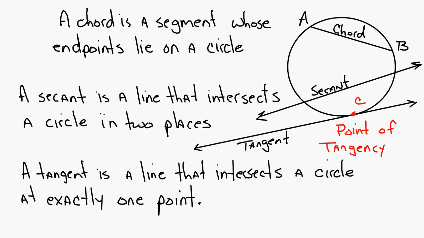Either way. The line itself is called a tangent. Where the circle and the line intersect, that one point is called your point of tangency.